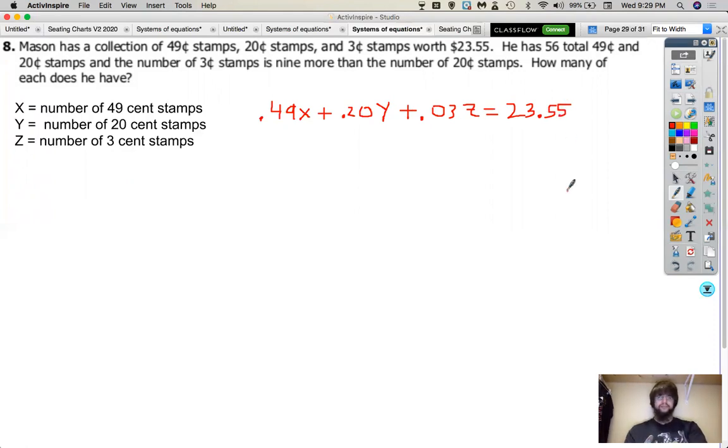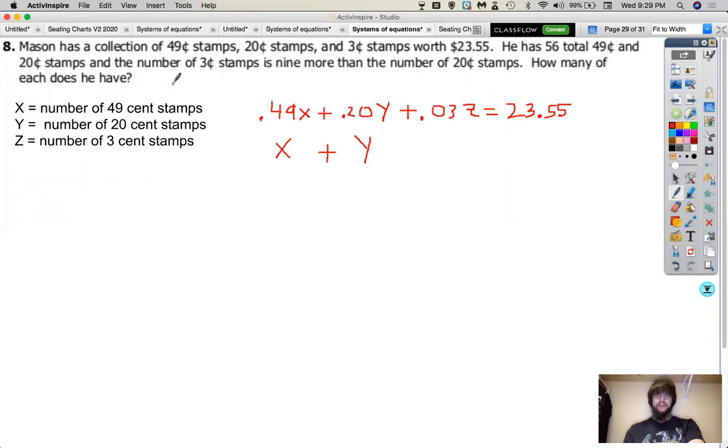Now, that's one equation. We got 3 variables. We need 3 equations. Let's see what else we can get. He's got 56 total 49 and 20-cent stamps. Oh, hey. So 49, that's my X's, plus 20 cents, that's my Y's.